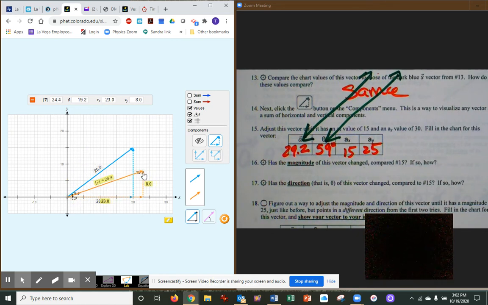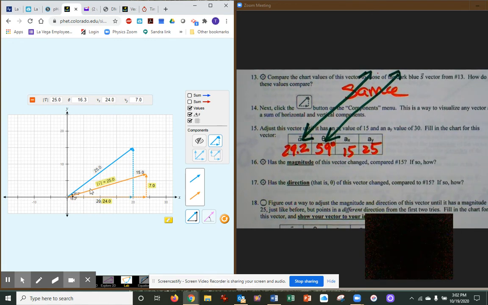As long as you come in close, because this is clicking to the graph paper. Find another triangle. Everybody's is going to be different. There's no right or wrong answer as long as your magnitude is 25. Most of what we're going to do is in this first quadrant, but there's nothing to say it couldn't be in the second, third, or fourth quadrants.